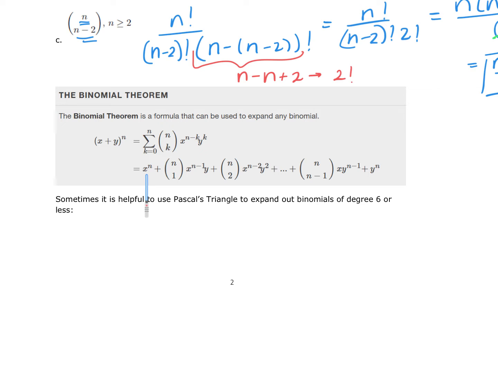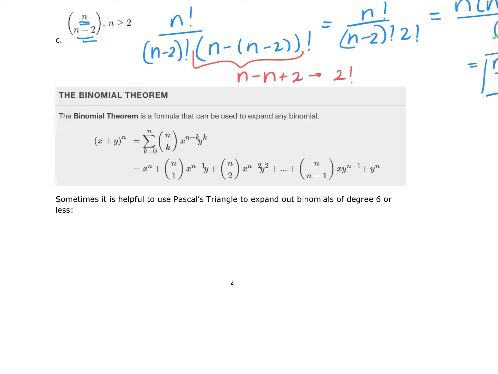Notice my very first term is x to the n. N choose 1, x to the n minus 1 times y. N choose 2, x to the n minus 2, y squared, all the way down to n choose n minus 1, x times y to the n minus 1, and then just y to the n.